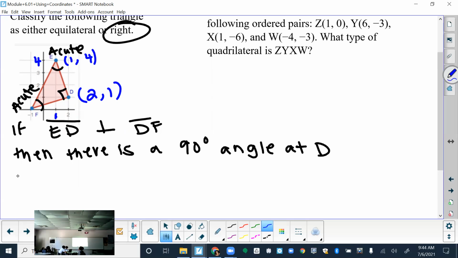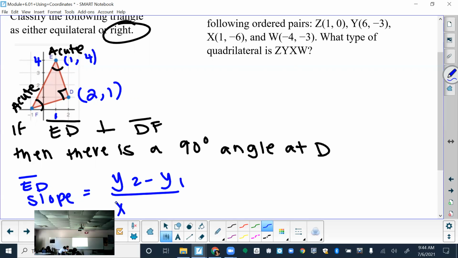So if I find the slope for ED, here's that formula again. I would write this down as I'm doing the example so that you can match it up on your quiz. Here's the formula for slope. If I plug these in, x1, y1, x2, y2, then I can figure out the slope.